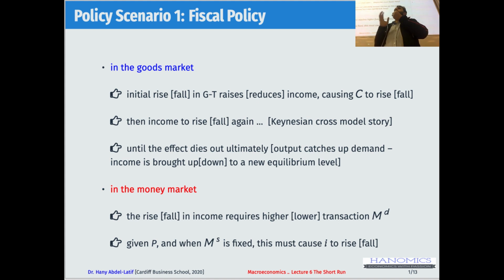The bottom line here is that moving from one equilibrium point to another doesn't happen like a jump, in one move. It's a process. We go through circles or rounds of changes until we reach another equilibrium point.